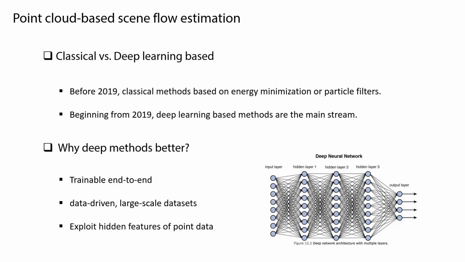Another reason is that deep methods are data-driven, which can utilize large-scale datasets for training and generally perform better using more data for training. The third reason is that deep neural networks can exploit more hidden features from the point data, which is very intractable for classical methods. So this masterclass only introduces works using deep neural networks in later slides.